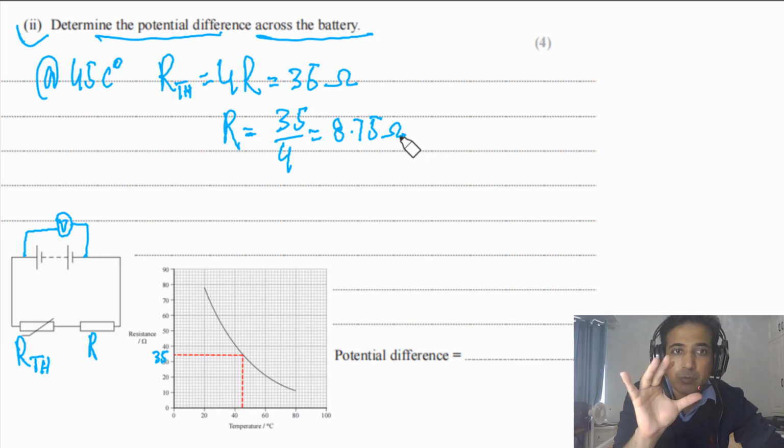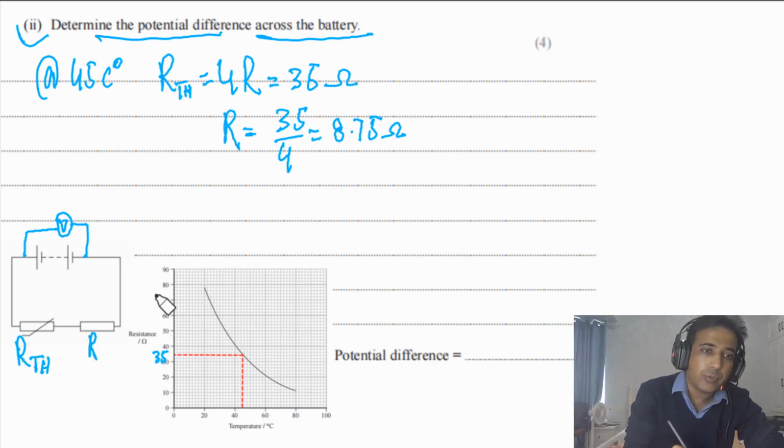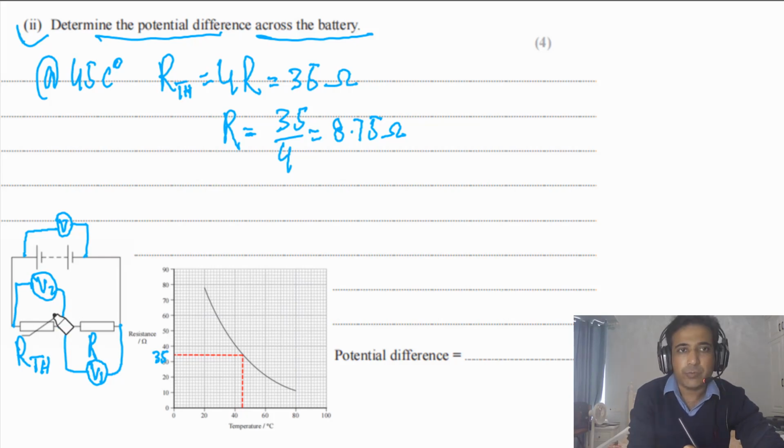So we have the value of resistance. Now we need to find the potential difference across this one. Let's say the potential difference across this one is V1, and let's say the potential difference across the thermistor is V2. Now we need to understand the relationship between V1 and V2. In this case, the current is the same.